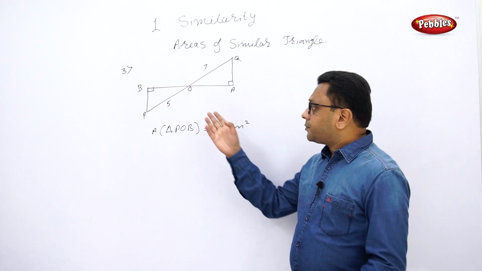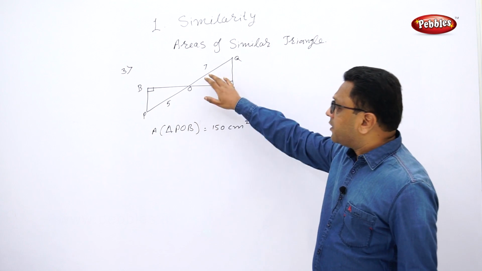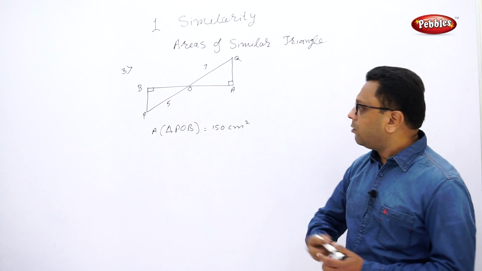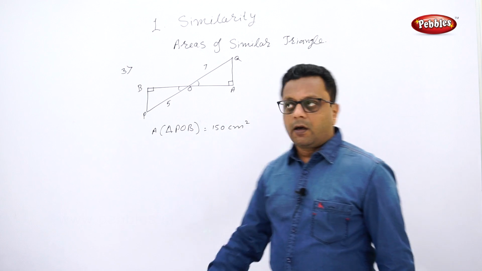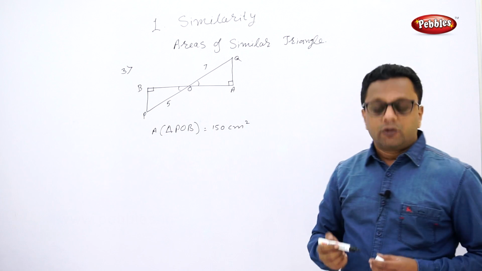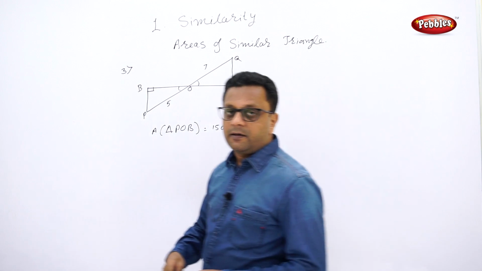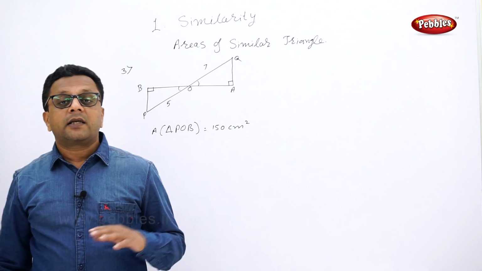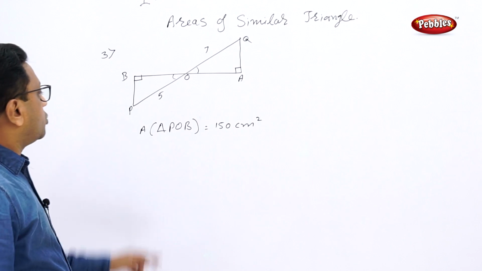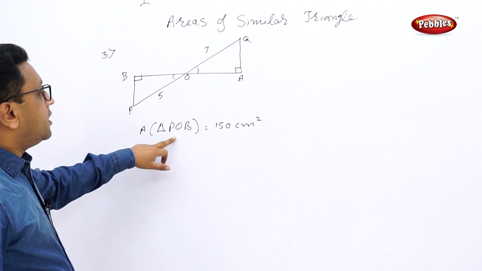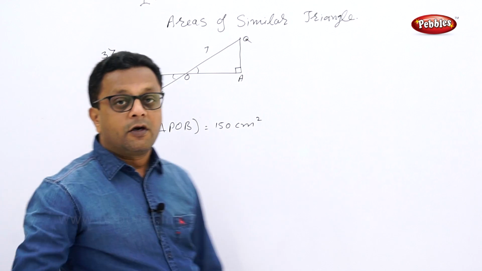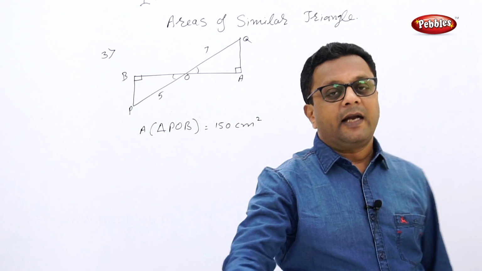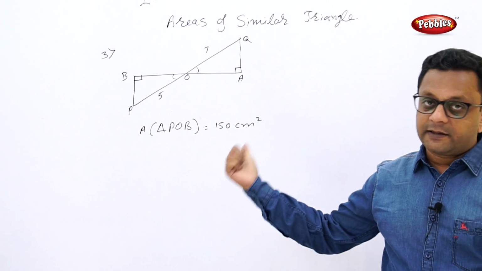Now, proving that these two triangles are similar is very easy. How? These two are vertically opposite angles and these two are right angles. So by the AA test of similarity, these two triangles are similar. So triangle POB is similar to triangle QOA. First prove this and then solve the example.